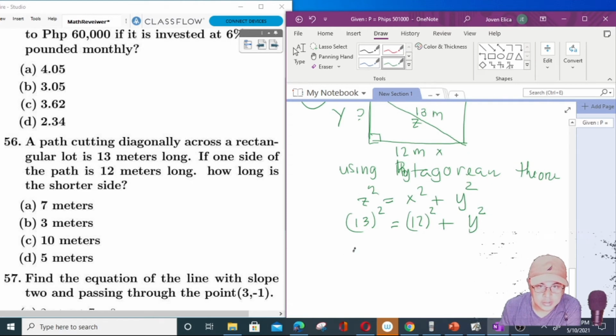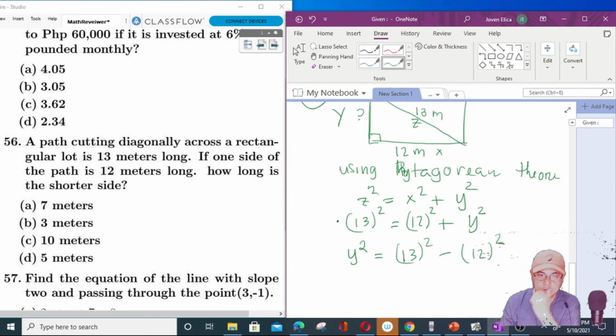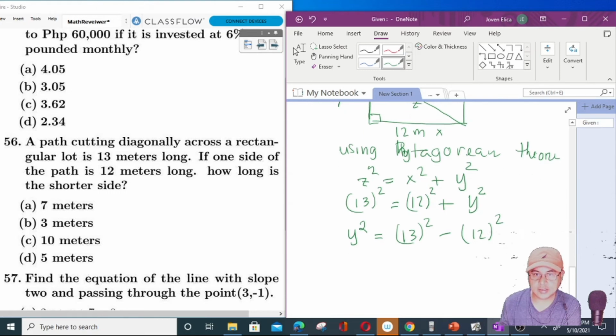So let's transpose the 13 squared, and transpose 12 squared. It will become negative if we transpose it to the left side.